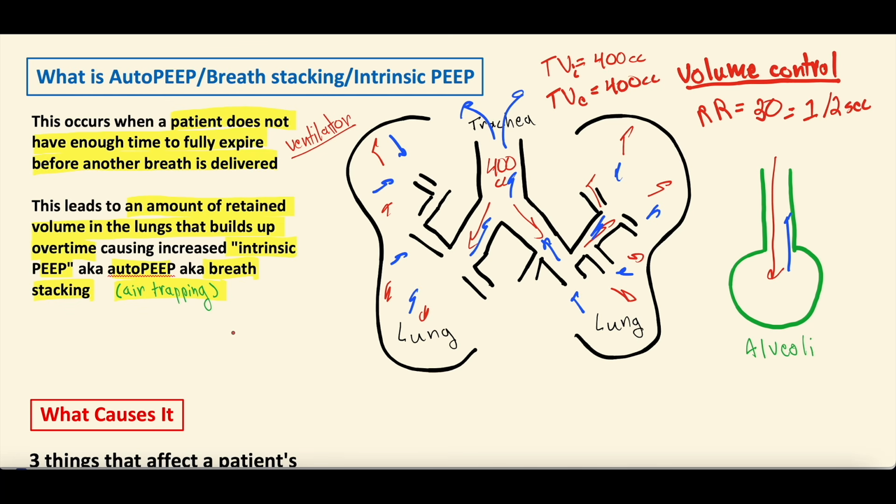So what we have then, so let's just say tidal volume inspired is 400, but the patient, for whatever reason, and we're going to go over a lot of those reasons below, can only expire 350 cc's of that tidal volume before another breath's prompted. Well, that means every single breath you're going to have a net positive 50 cc's of air left in the lungs.